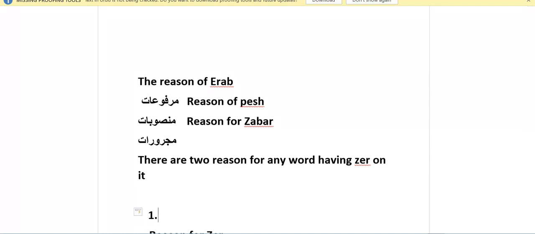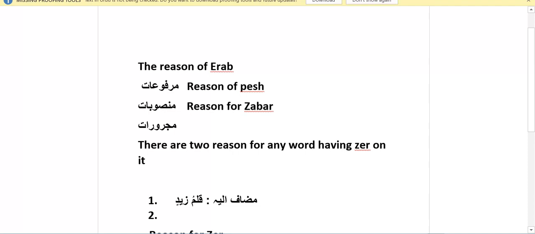First one is that the word is mudaf ilayh. For example, qalamu zaydin. So why does zaydin have zair here? Because it's mudaf ilayh, and we know the i'rab of mudaf ilayh is with kasra. And the second reason is that the word is being followed by one of the harf jar, like ala ar-rajuli.